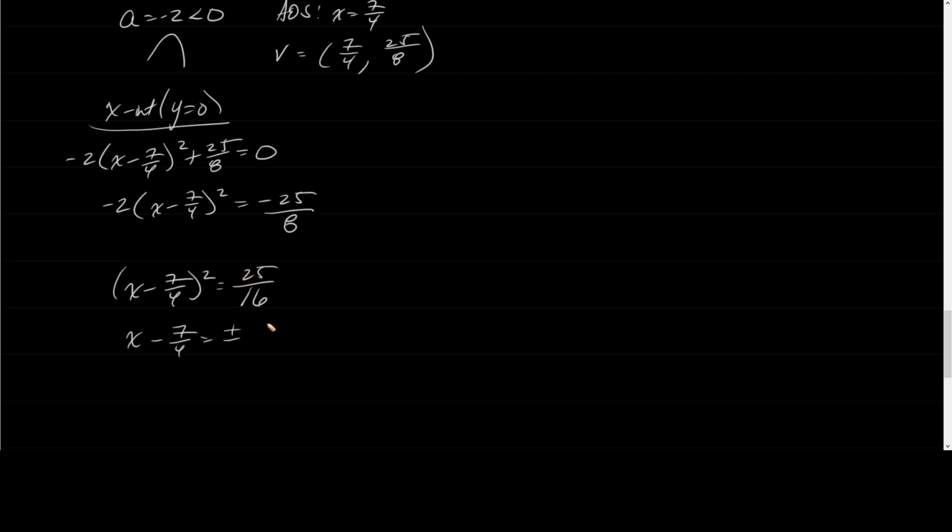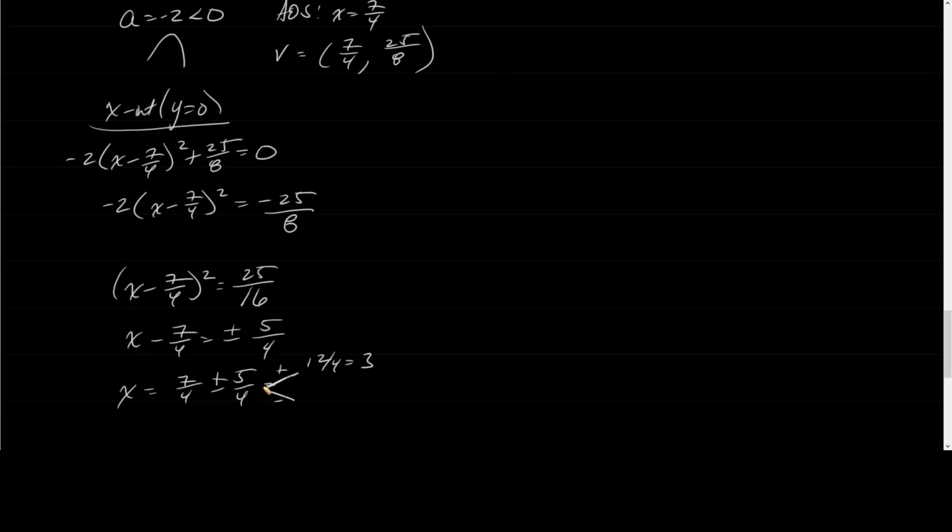So the square root of 25 is 5, the square root of 16 is 4, giving us that x is equal to, not negative anymore because we moved it to the other side, positive 7/4 plus or minus 5/4, which gives us two versions, right? The plus: 7 plus 5 over 4 is 12/4, which is equal to 3.